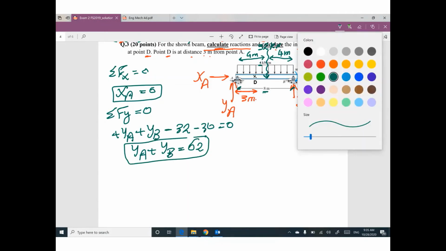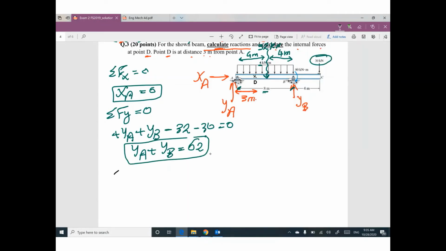Third, equilibrium equation, summation moment. I'm gonna take moment at A. I'm assuming this direction is positive.